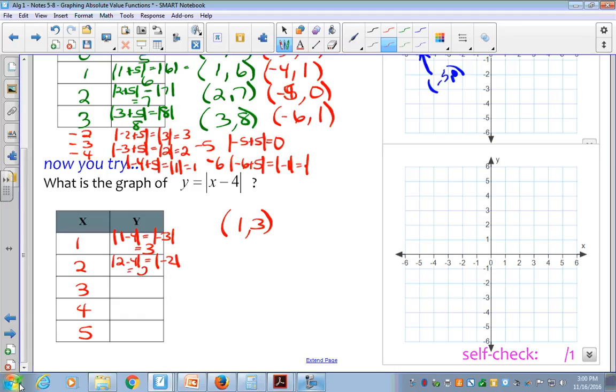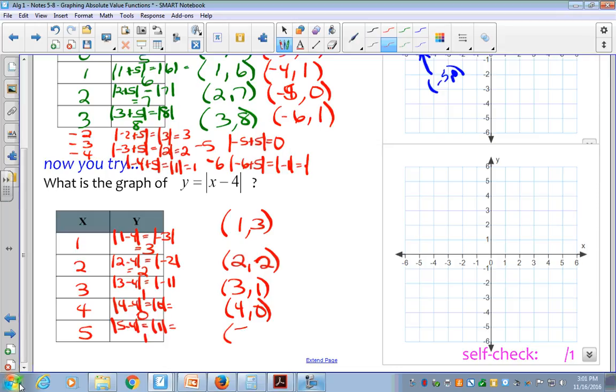And then I'm going to take the absolute value of that to get 2. Absolute value of 3 minus 4 is the absolute value of -1, which is 1. The next point is 3, comma 1. Absolute value of 4 minus 4 is the absolute value of 0, which is 0. And the absolute value of 5 minus 4 is the absolute value of 1, which is 1.